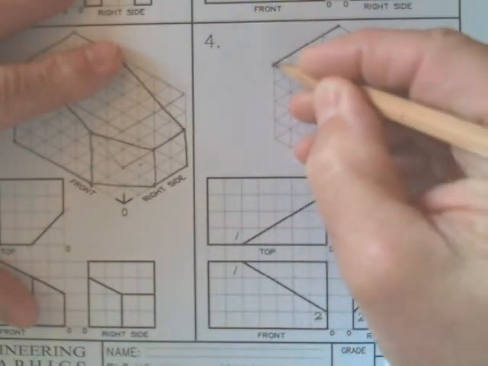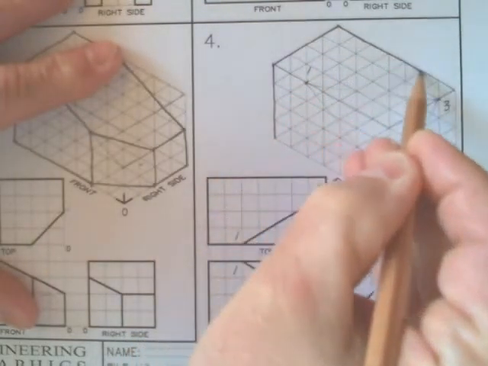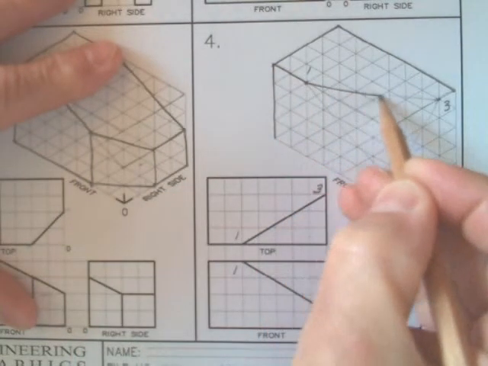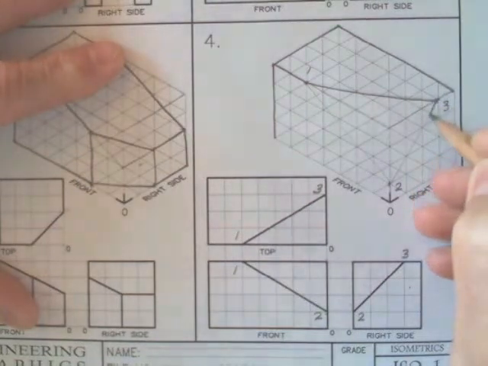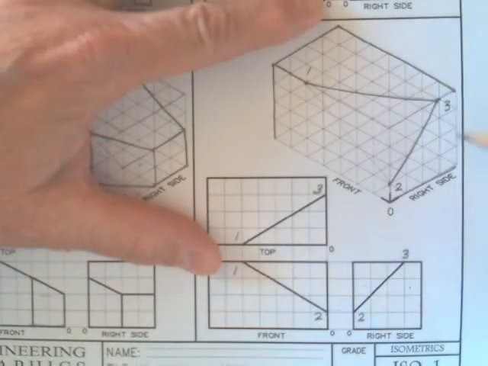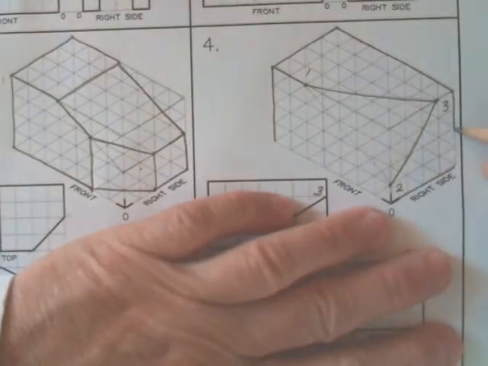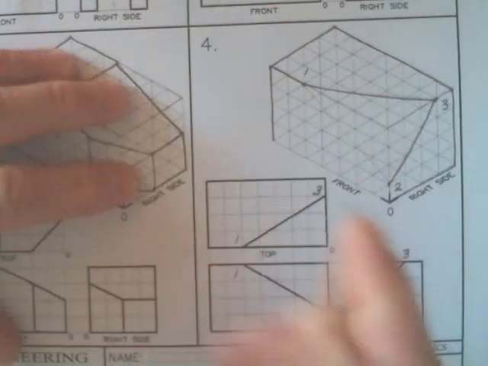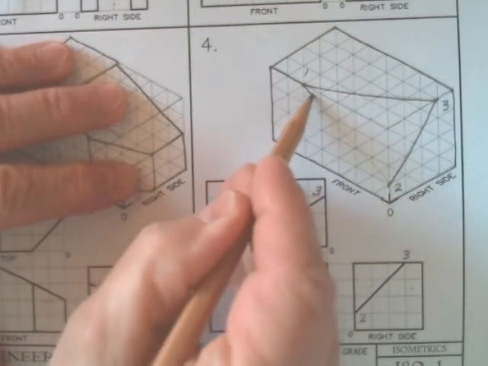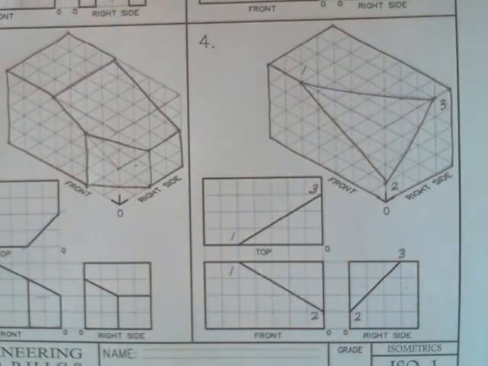I go back and add my visible lines. That one could have been a little bit straighter. And there's my cut.